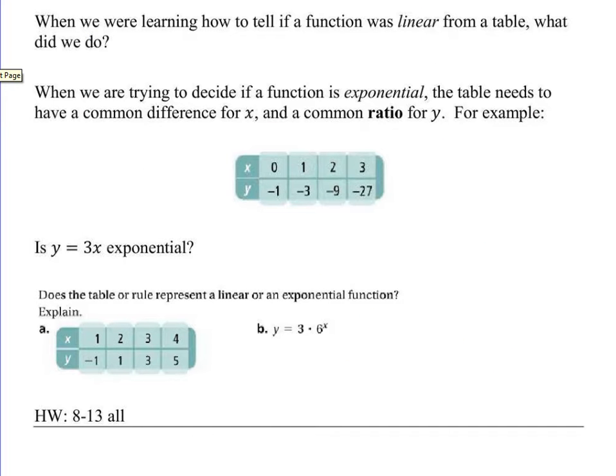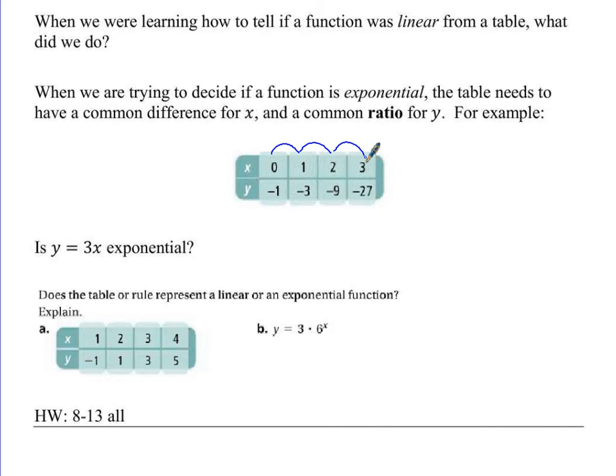Okay, when we were learning how to tell if a function was linear from a table, you got to think way back, this is a long time ago, when we were learning how to tell if a function was linear from a table, what did we do? If I gave you a table and I said, is this linear, what did we look for? The change, yeah. How much does x change each time?